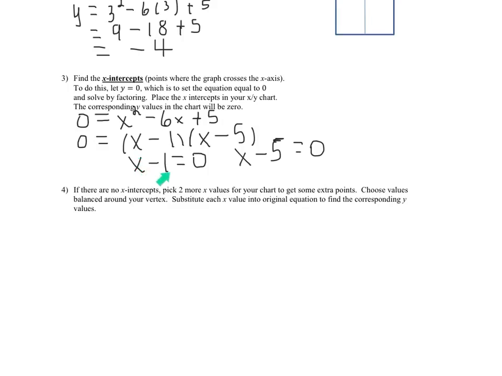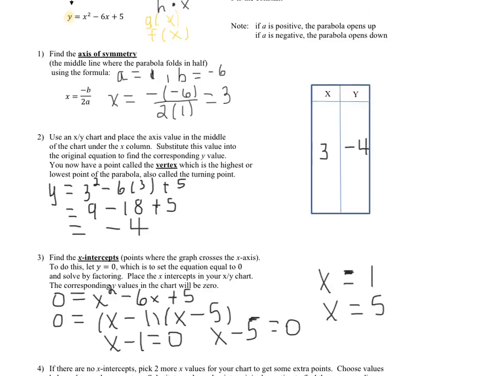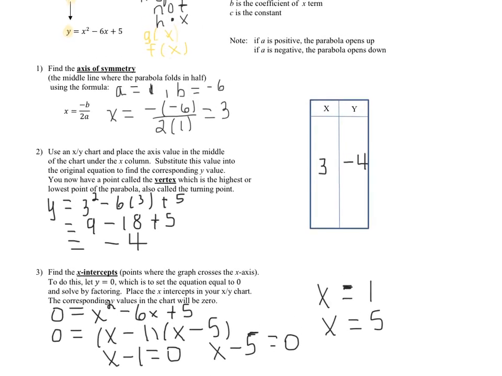So here I did x minus 1 equals 0, x minus 5 equals 0, and we will get x equals 1 and x equals 5 for our solutions. So we're going to take these two values and put them in our chart and put them in order. Now the y values will be 0 on these because this is how we found the points, by setting the equation equal to 0.